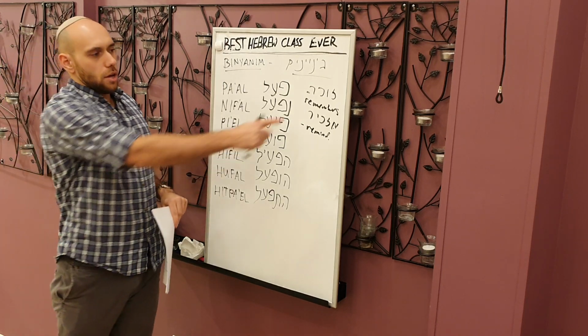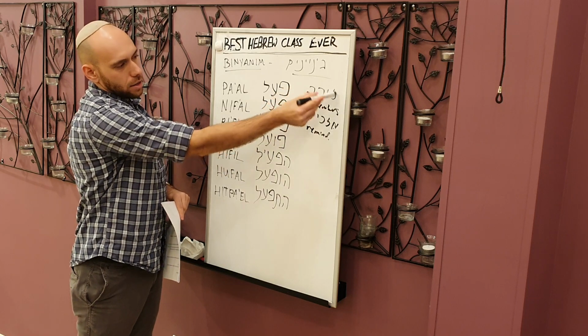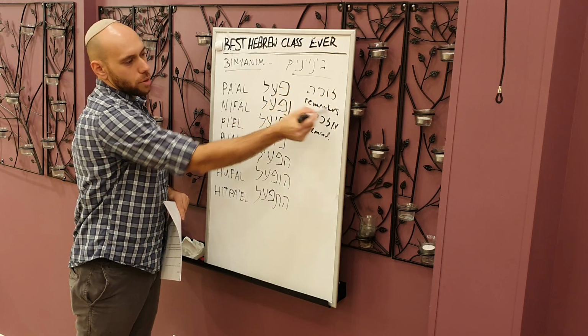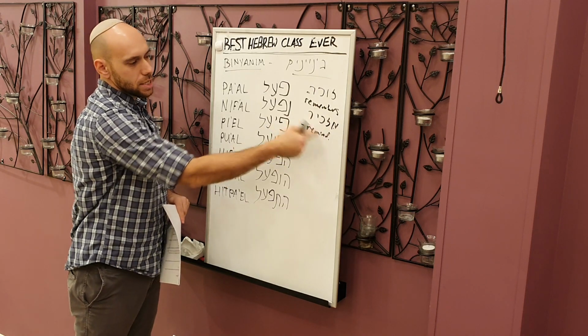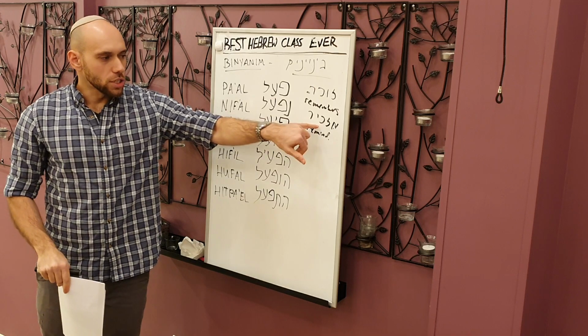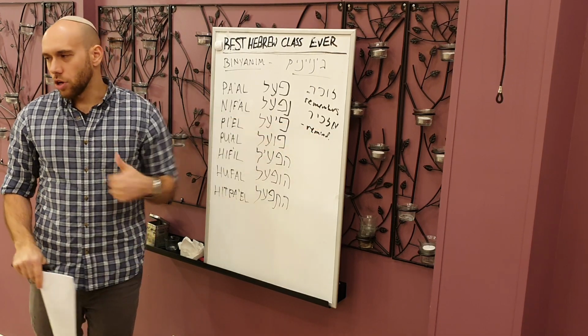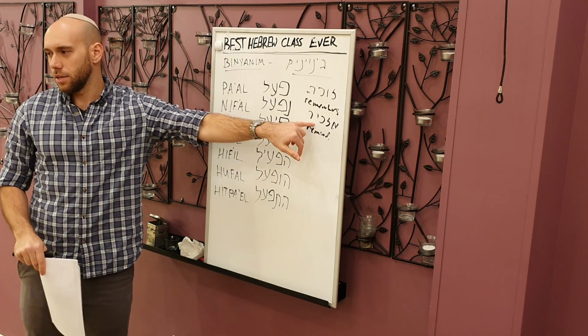Or yizkor in the synagogue. So this is in pa'al, and this means to remember. This mazkir means to remind, because this is in hif'il, which is causative, meaning cause someone to remember. How do you cause someone to remember? You remind them.